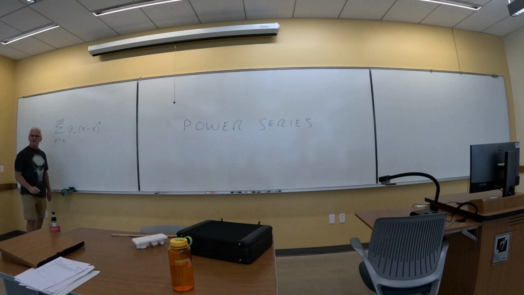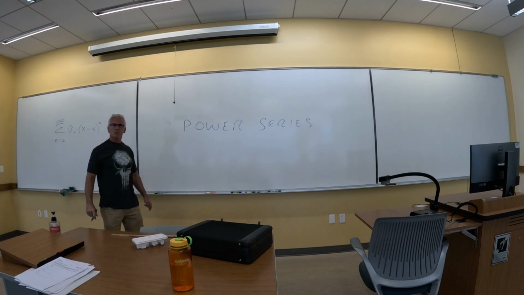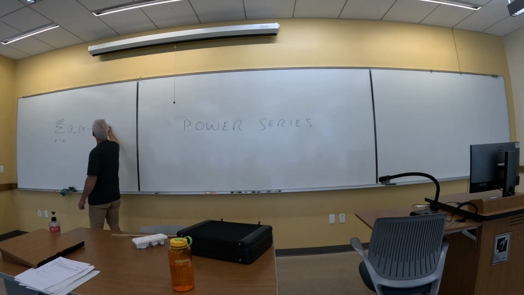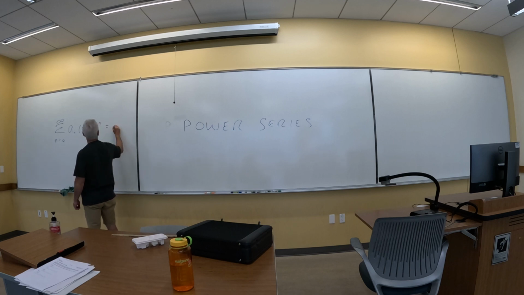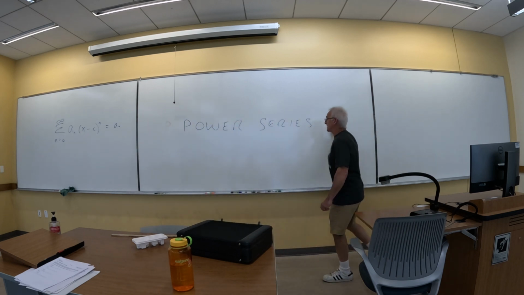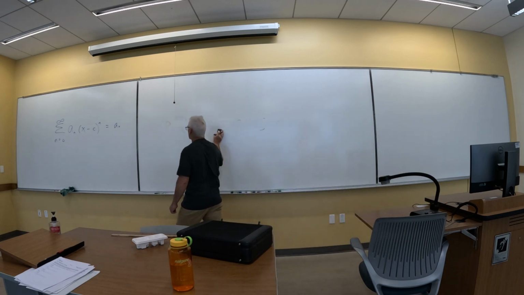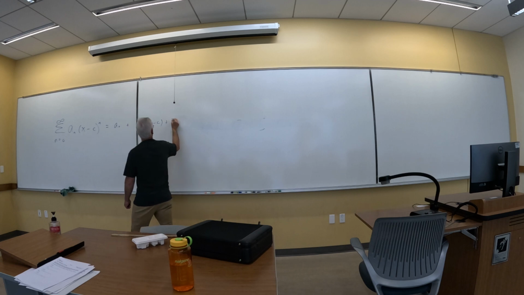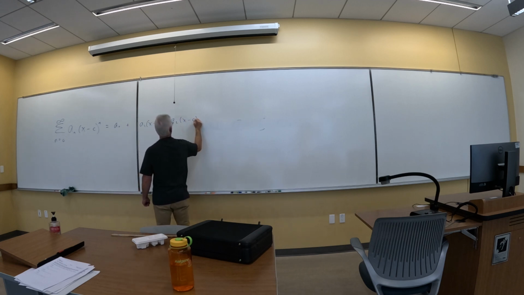Now notice something is a little different here. I'm starting at 0, and here's the reason. If I expand this, let's just do the first few terms. The first would be a_0 times that quantity raised to the 0 power, so it's just a_0 plus a_1 (x minus c) plus a_2 (x minus c) squared.